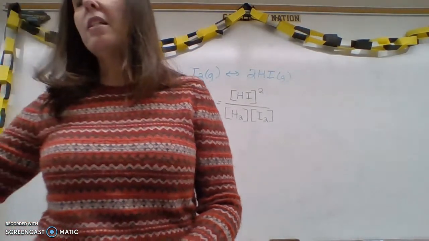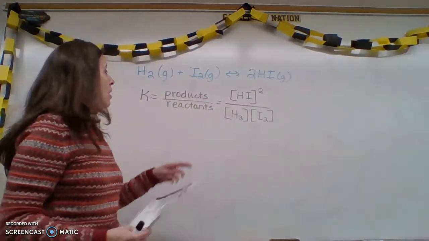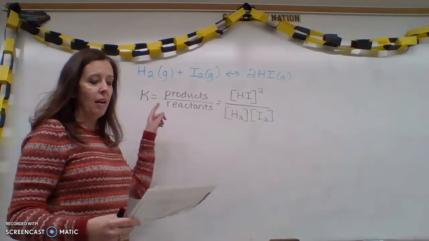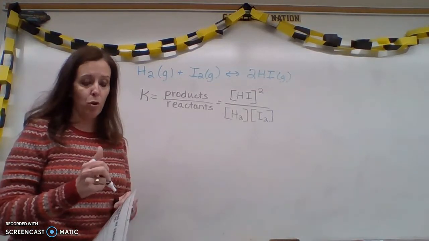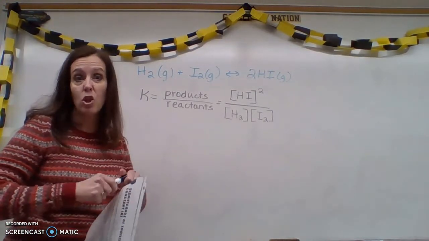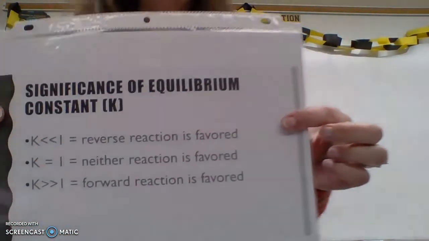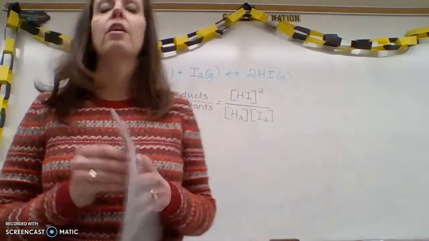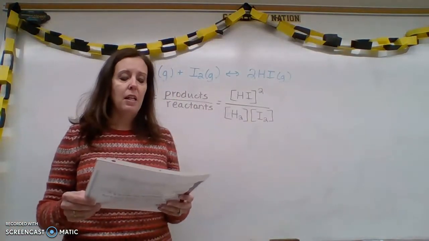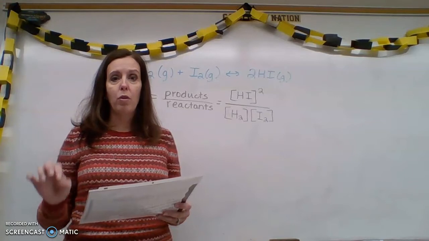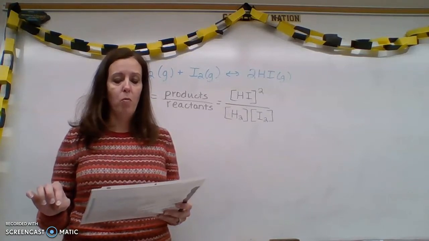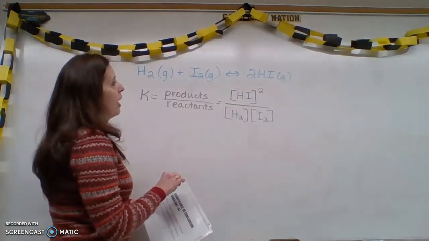Now, what is the significance of this K value? This K value is going to start to get some numbers. We're going to do some examples where we plug and chug some concentrations. Now, the significance, and you can see it's in your slides there, is if K is really, really small, smaller than 1, the reverse reaction is favored.